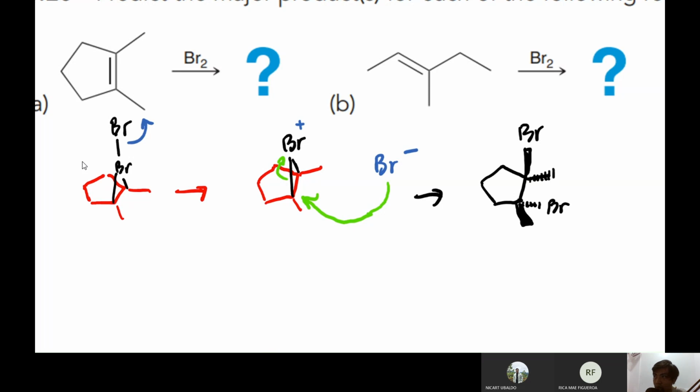Yung Br2, gagawa siya ng bromonium ion. Then itong triangle na yan, aatakihin niya ng isa pang Br. Either dito or doon. Kapag dito umatake, doon mapupunta yung Br sa taas na yon. Pag dito umatake yung Br, dito naman siya mapupunta sa taas na to. So to summarize, our products are the following, no?